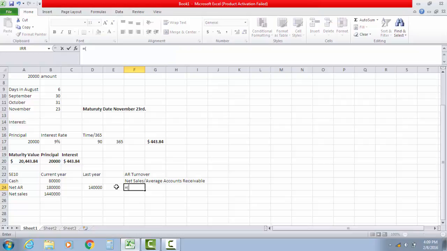So here's what you do. You'd equal 180 plus the 140, divided by 2. So 160 is your average AR. So now we already have net sales.